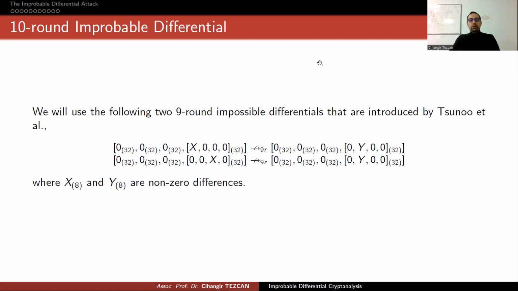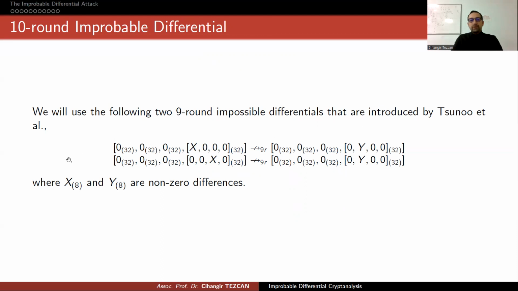So let's look at the impossible differentials and let's extend them to improbable differentials. In the literature, there was a 9-round impossible differential, actually 2 of them, found by Sun et al. Here, recall that our input is 128 bits.